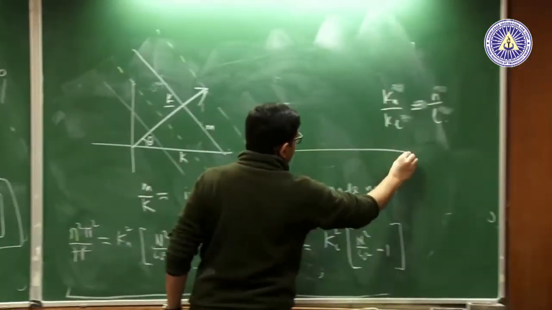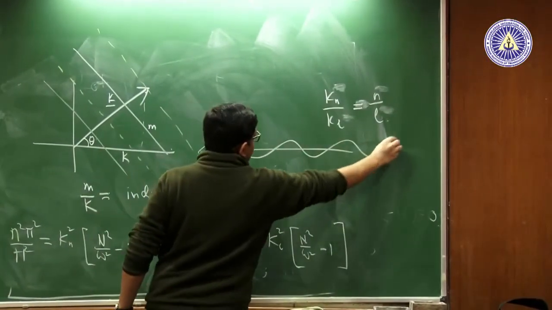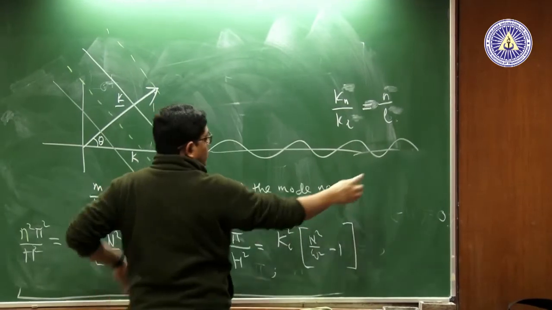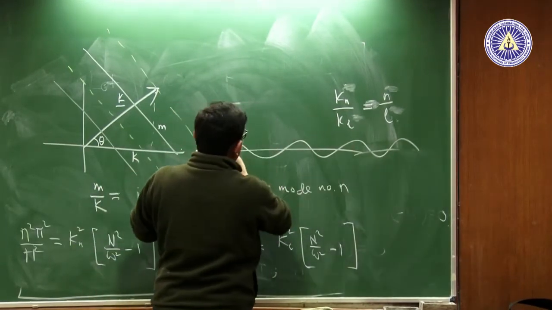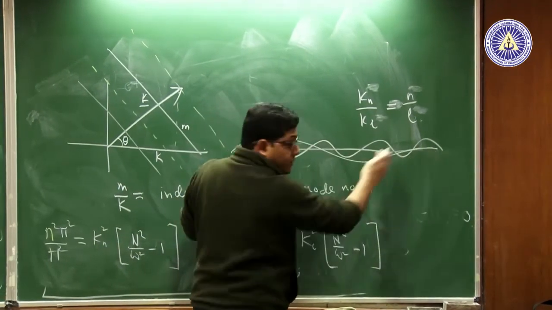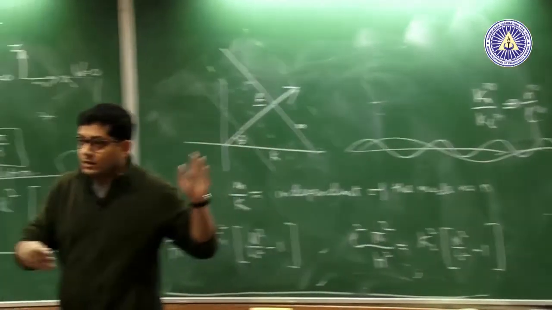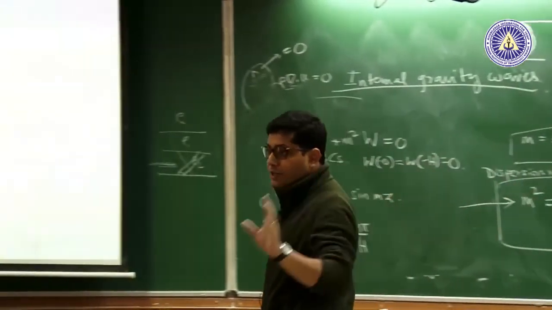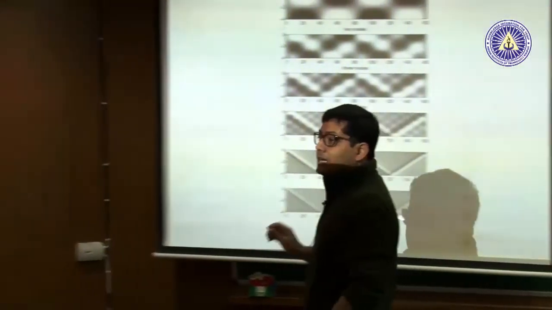Say, take L as 50. So, this much takes 50, this much also takes 50. So they form this, and this periodicity is maintained.